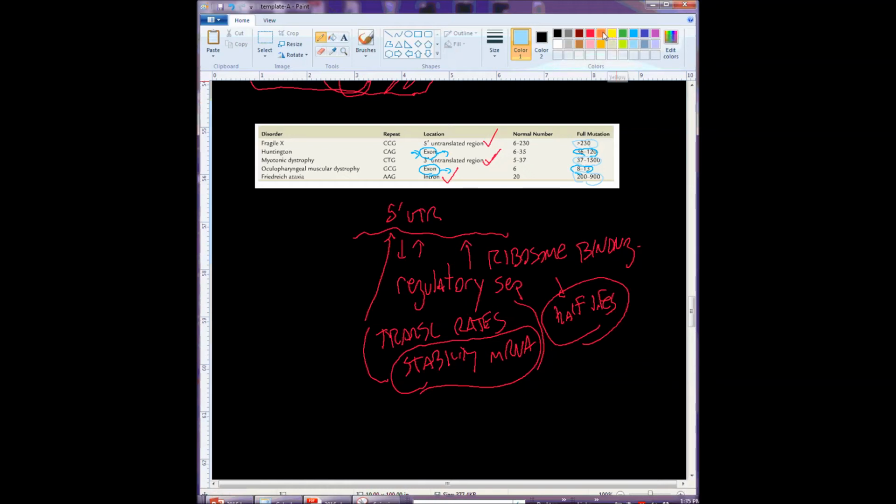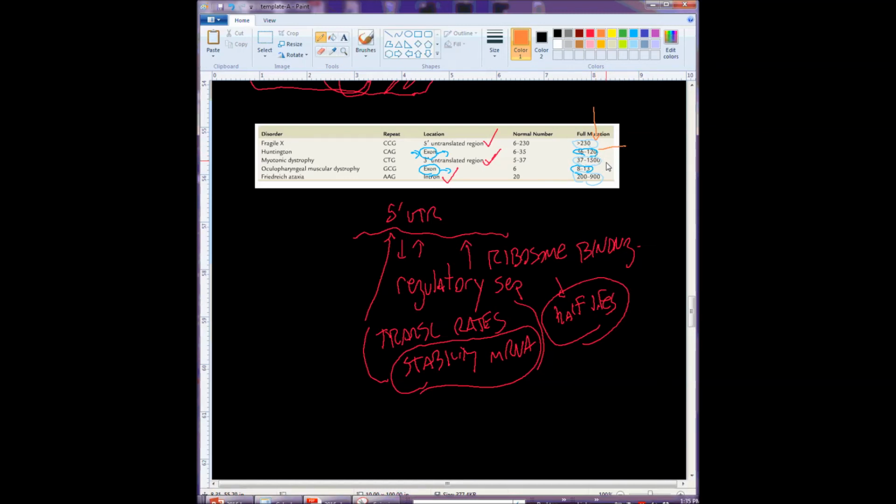Here we're just speculating. These are actual lengths of repeats. If you take people with these disorders and you sequence them, this is how many repeats you find.